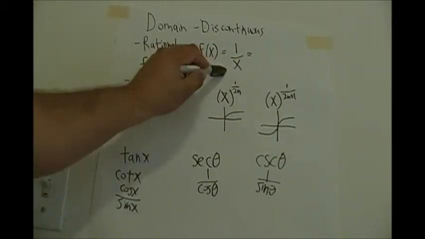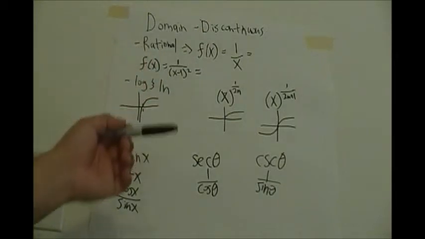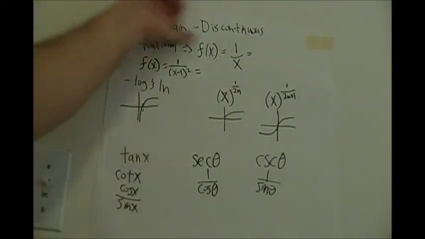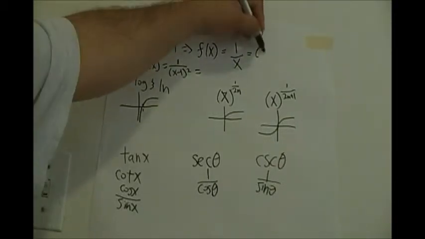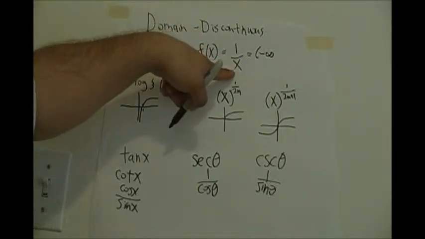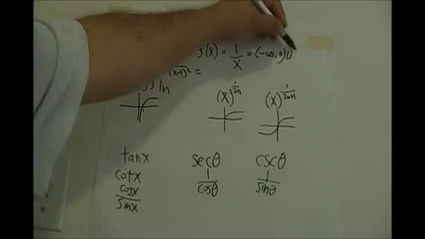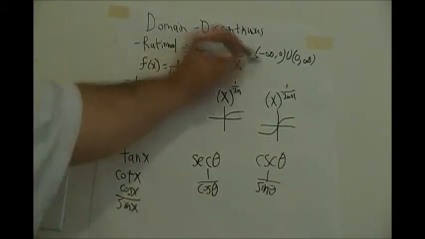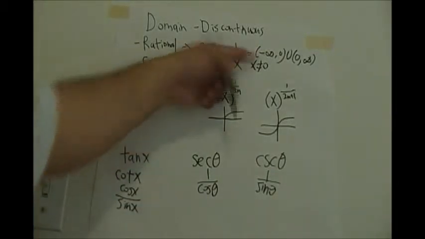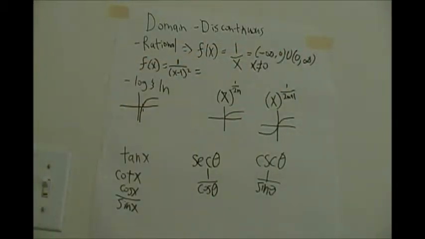And we can plug in negative numbers and it would still be fine. So the way we would write this domain would be from negative infinity to that discontinuous point, which is 0, and then we put a union sign, U, and from 0 to infinity, or in shorthand we just say x cannot equal 0. But this would be the more formal way of writing it.